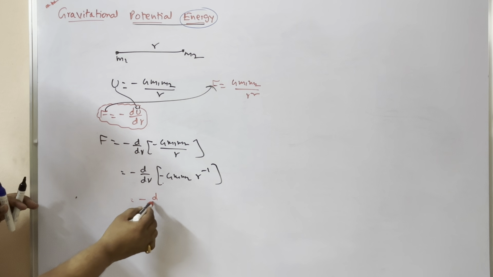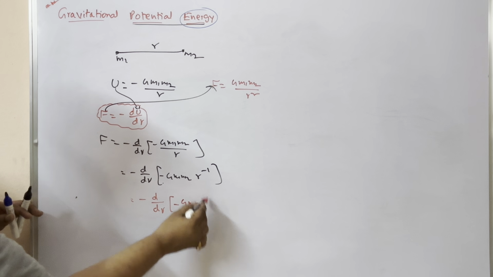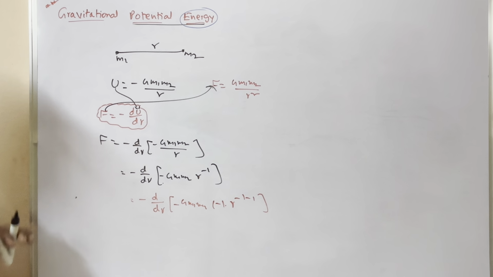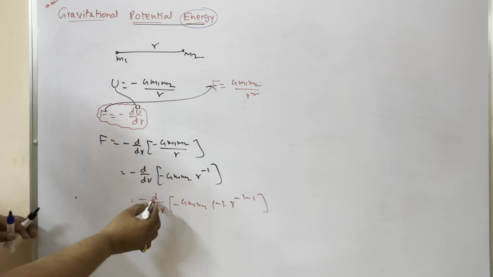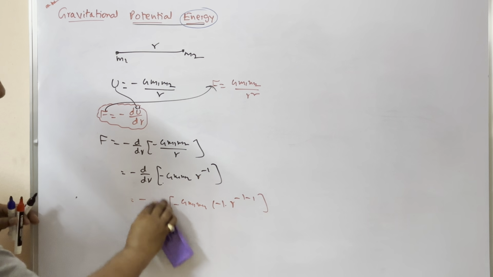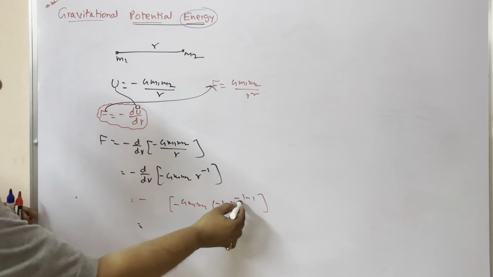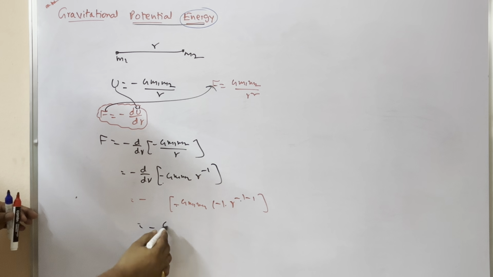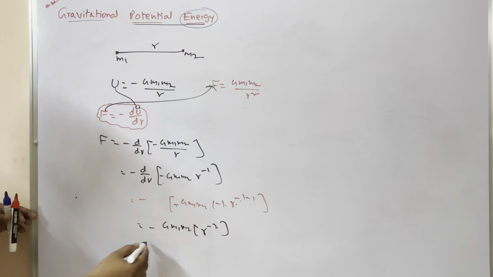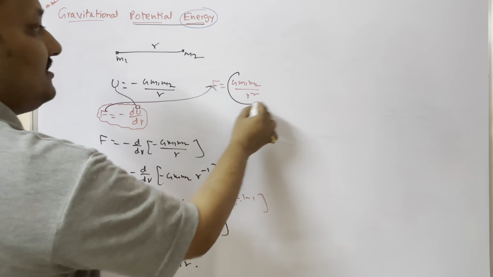So minus G m1 m2, minus 1 into r power minus 1 minus 1. Once you do the derivative, directly you don't need to write this. Finally, minus into minus plus G m1 m2 r power minus 2. Sending it to the denominator, minus G m1 m2 by r square. So this formula you got.